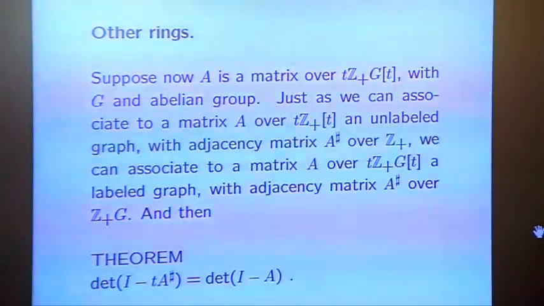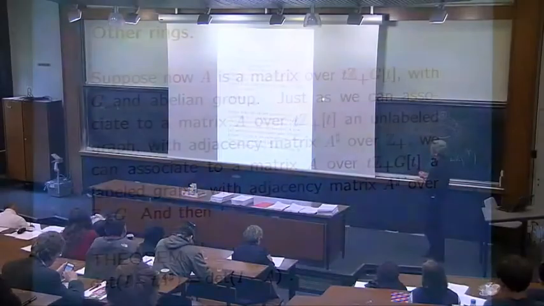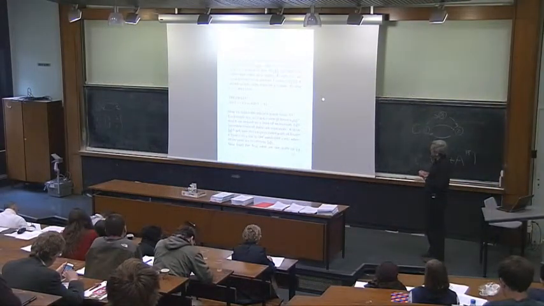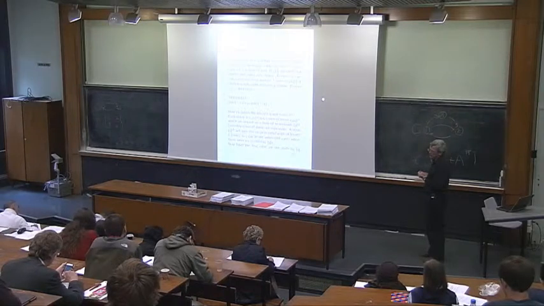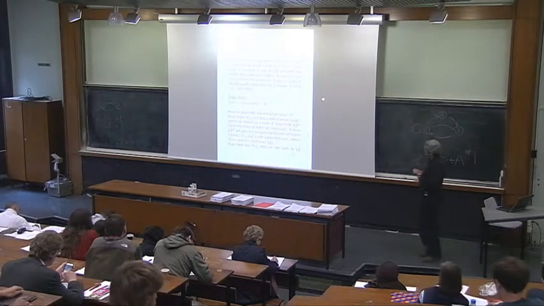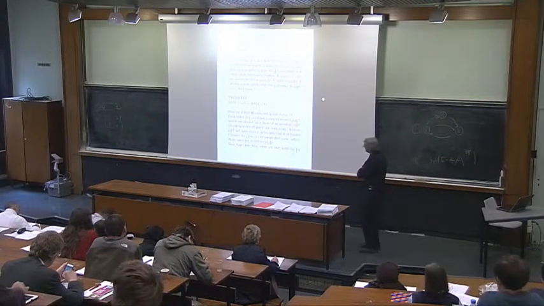So suppose A is a matrix over, again, a polynomial matrix. But now the coefficients are in the integral group ring, where G is the abelian group.